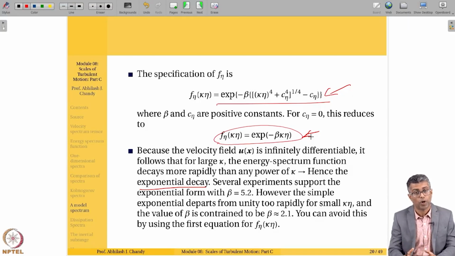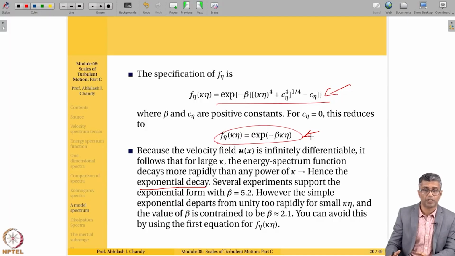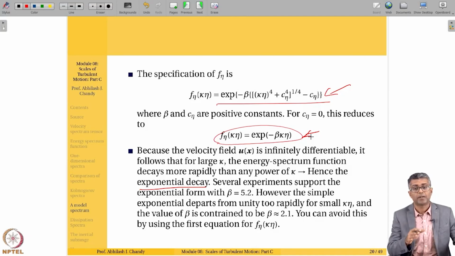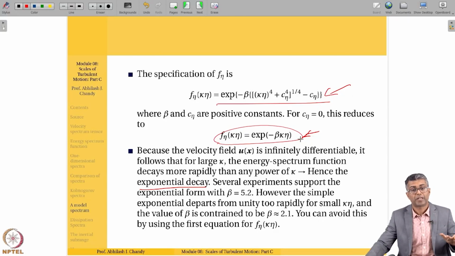We want it to be 1 so that you can recover the inertial subrange and the energy-containing range alone. So we want it to be 1 for small kappa eta, but with this simplified function, it departs from unity too fast. So we can use the top one for better predictions.